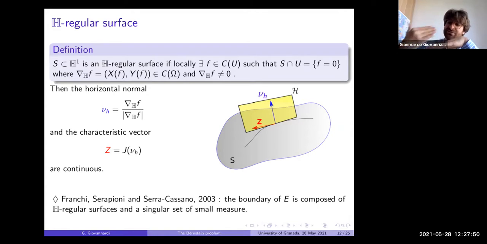So we have this foliation when we are H regular. Franchi, Serapioni, and Serra Cassano in 2003 showed that the boundary of a set that has finite K perimeter is composed of H regular surfaces and a singular set that has small Hausdorff measure.